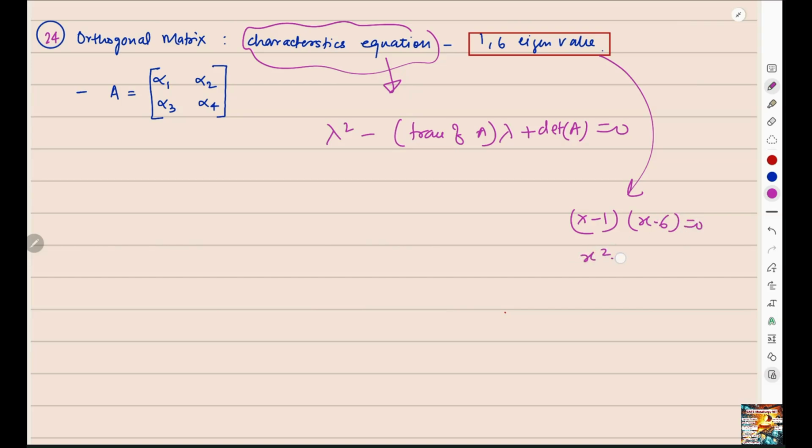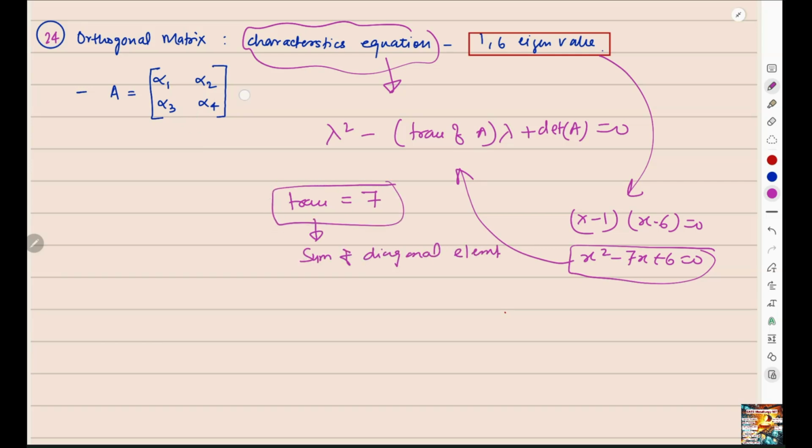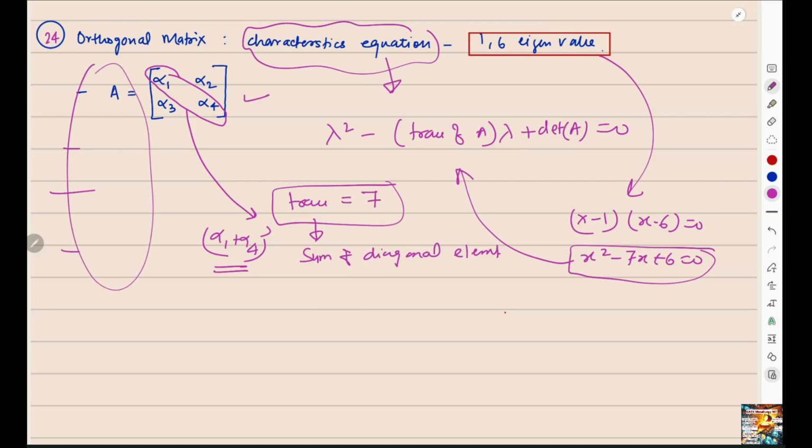So we can write x square minus 7x plus 6 equal to 0. From this we can see that the trace should be 7, that is the sum of the diagonal elements. If we have this matrix A here, then the sum of alpha 1 and alpha 4 will be the trace. So we are given 4 options and we have to select one of them. Now we will move to the next question.